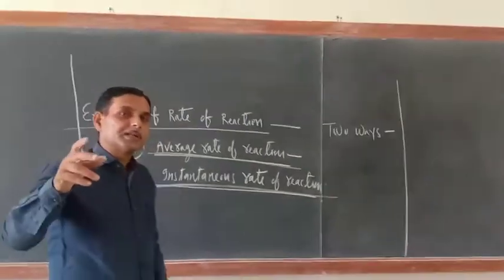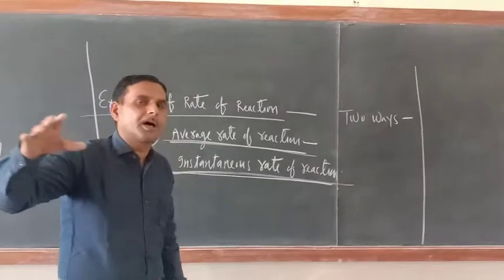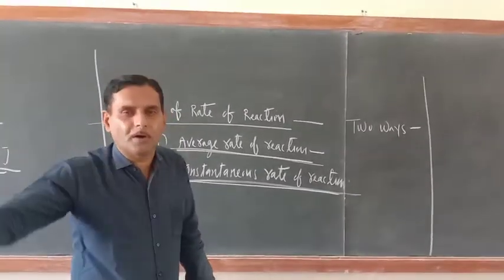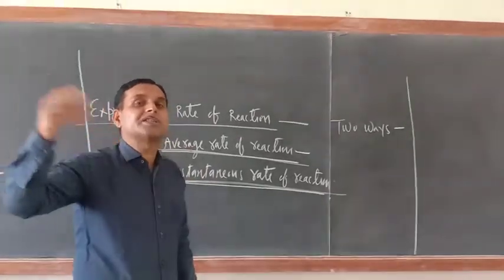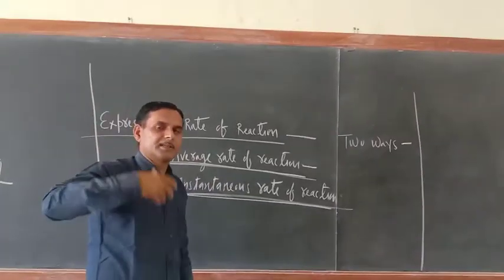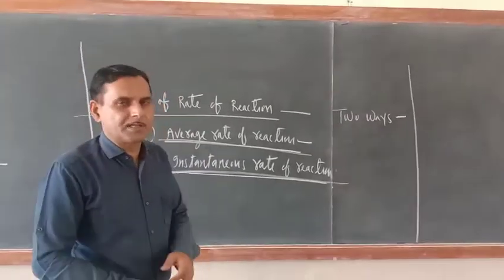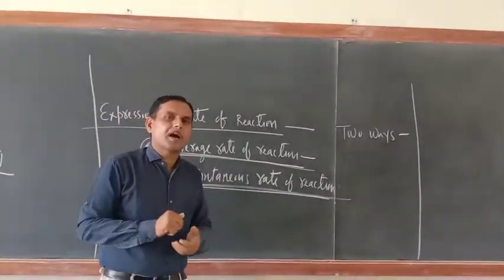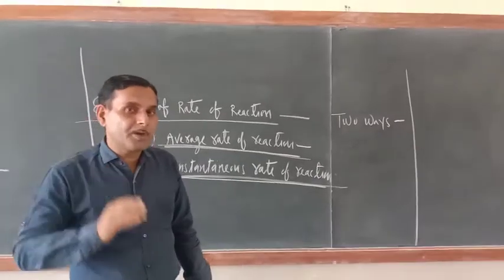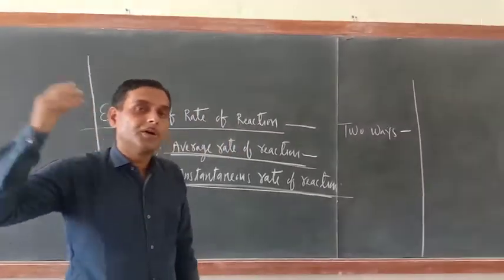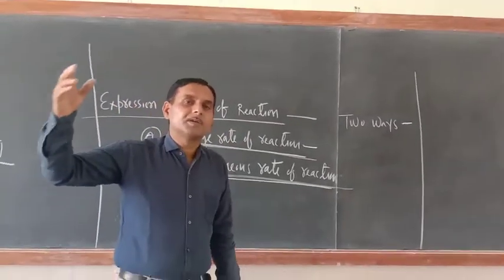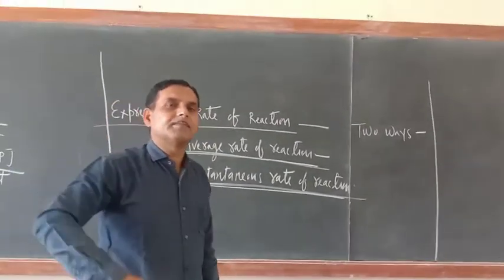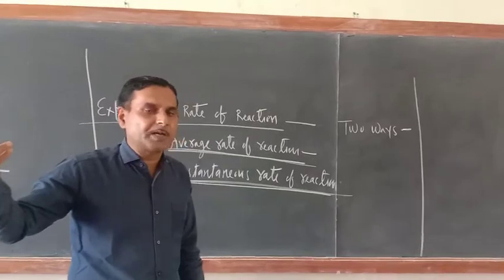You know that throughout the process, the rate of reaction will not be uniform. With time, it changes. Let me give you a daily life example. Suppose you want to go from here to Bengaluru with the help of one car. Do you think your speed will be uniform from here to Bengaluru? In some places it may be 50 km per hour, in some places 30 km per hour.